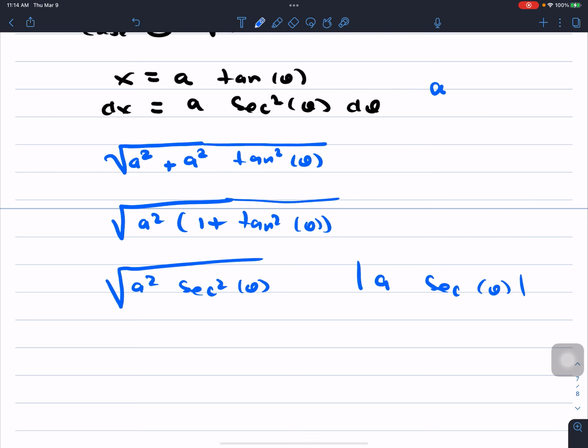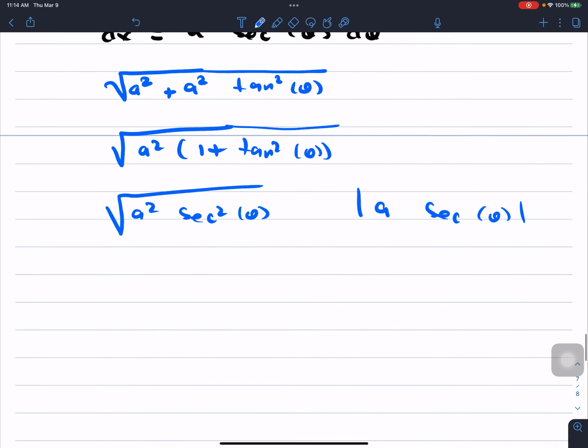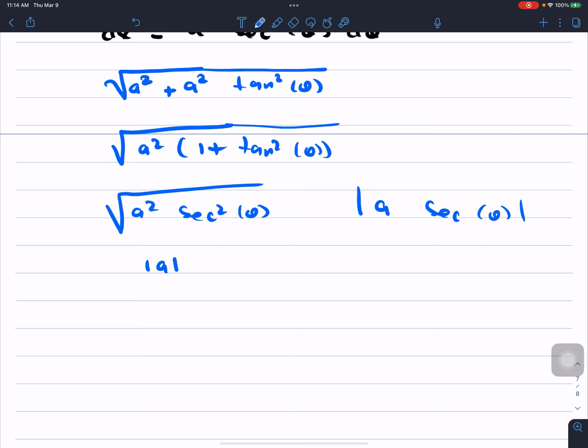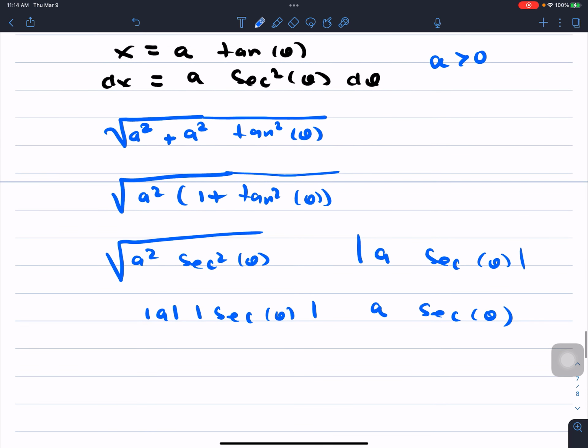Now, I said it earlier, but a is positive here. Now you say, why is that important? Well, because when you take the absolute value, it's just going to be an a. And then the absolute value of secant is just secant because the angle is in quadrant 1, and all students take calculus, which means quadrant 1, angle between 0 and 90, that just means cosine's positive as well as secant.